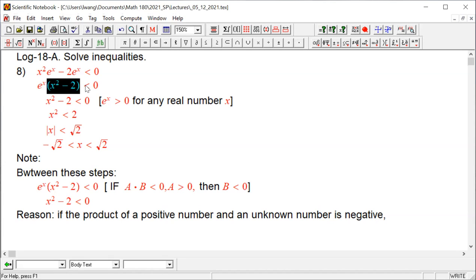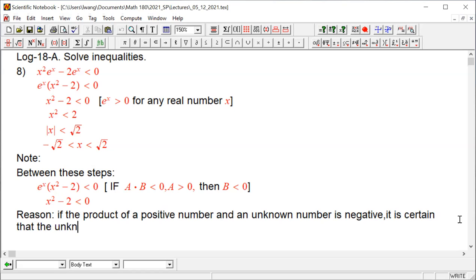So between these two steps, if the product of a positive number and an unknown number is negative, it is certain that the unknown number must be negative. I hope you guys understand that.